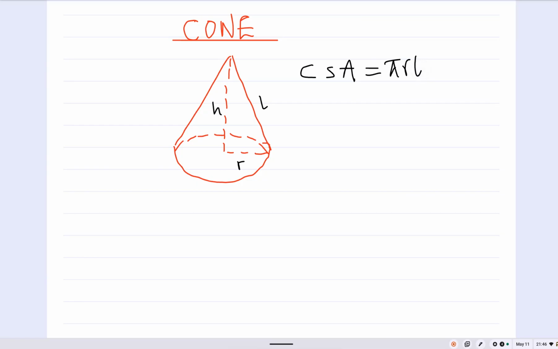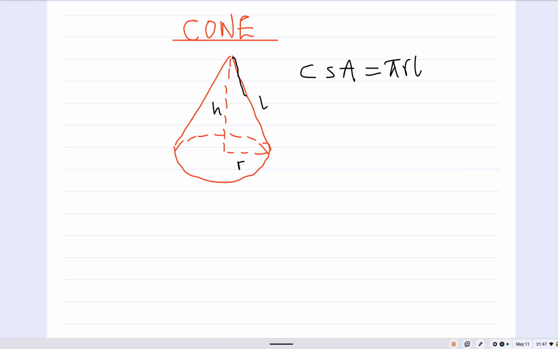The L is the slant; this slant part is what we call the L. The H is the height. You can also call the L the slant height. So the curved surface area is pi multiplied by the radius multiplied by the slant height.